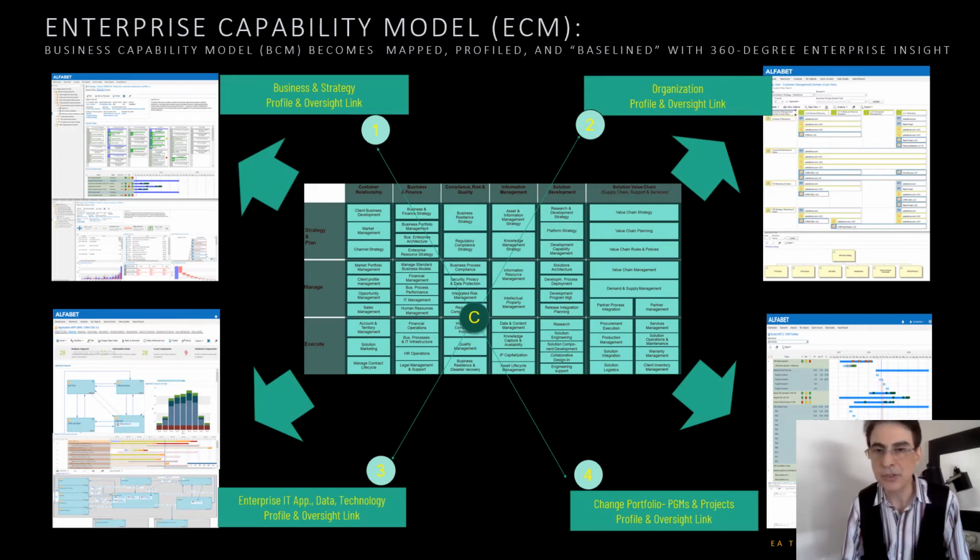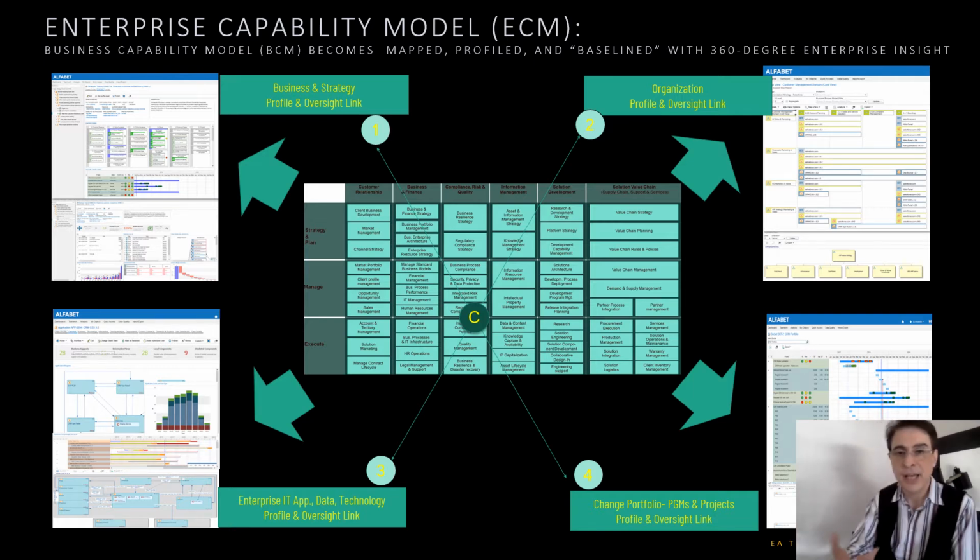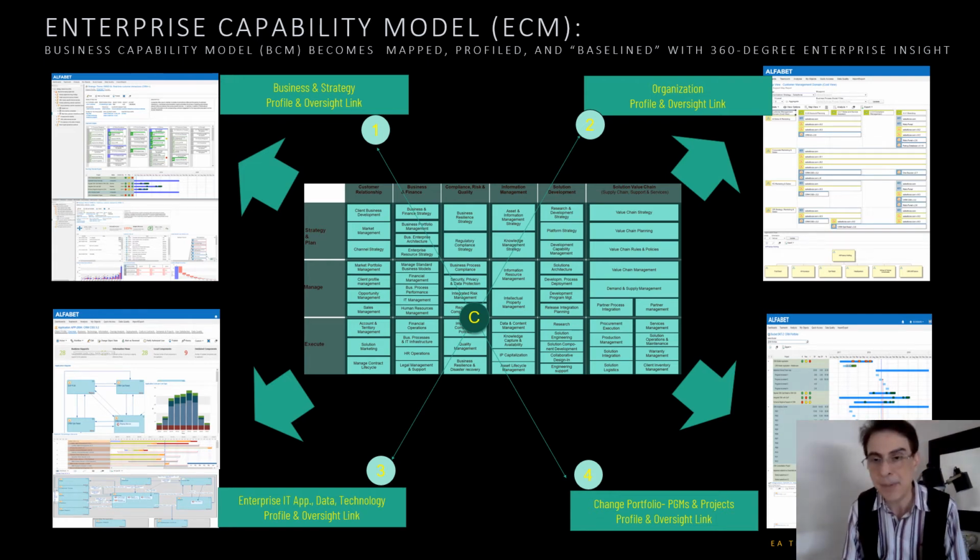Also, it's important to highlight that ECM is a single version of truth. We don't let enterprise data reside in other places. We let a reference to it be available to other units. So whatever they work with, they will be singing from the same hymn sheet, basically, the enterprise capability model.